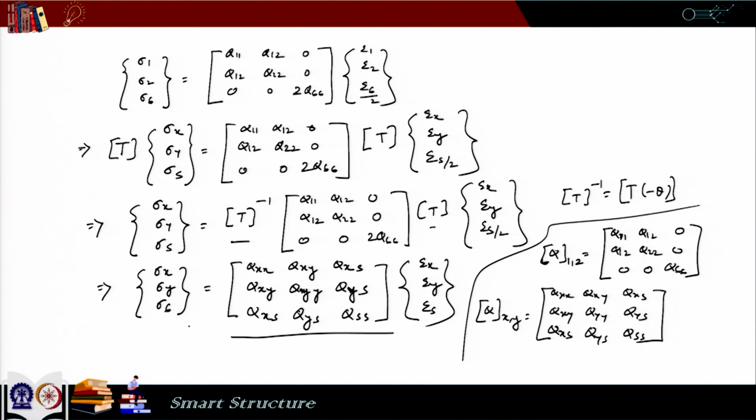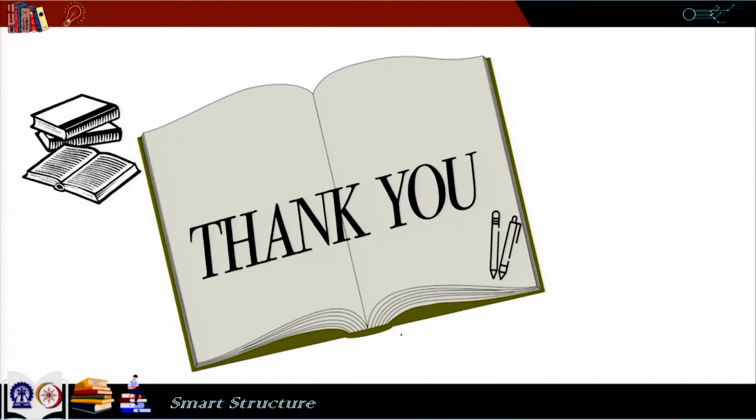So, this is our transformed constitutive relation, where Q is the stiffness matrix with respect to the xy system, and these are the stress and strains with respect to the xy system. So, with that we would conclude this lecture today. Thank you.